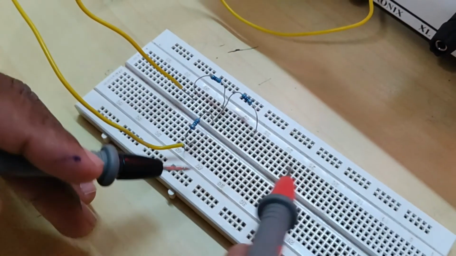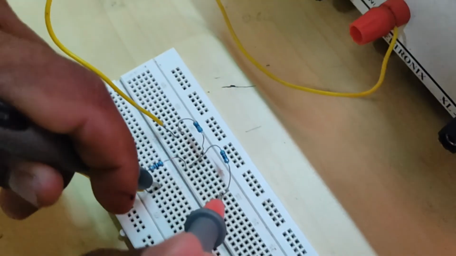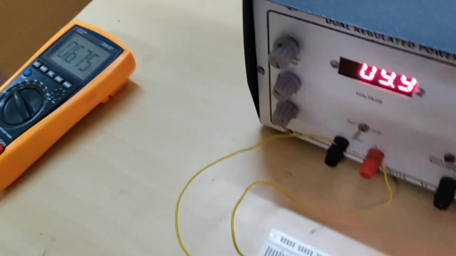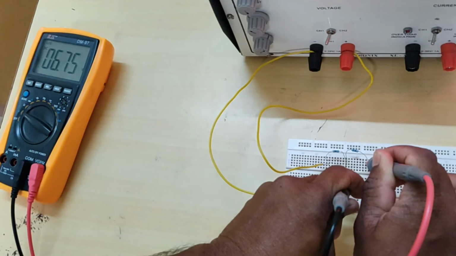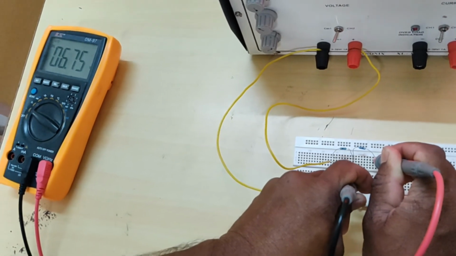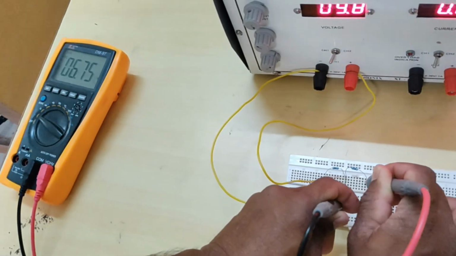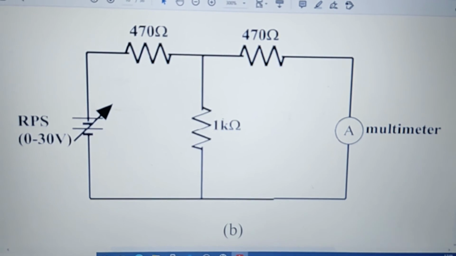So now I am connecting the multimeter across the open circuited load. The value of the open circuit voltage, which is VThevenin, is 6.75 volts, as shown in the multimeter.